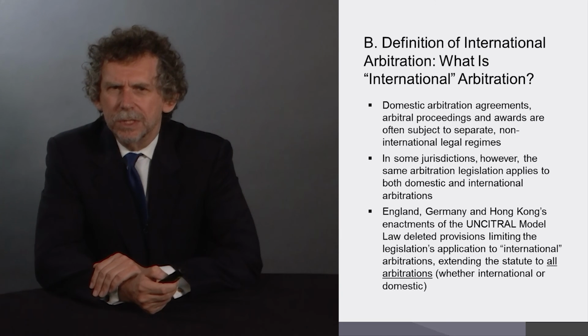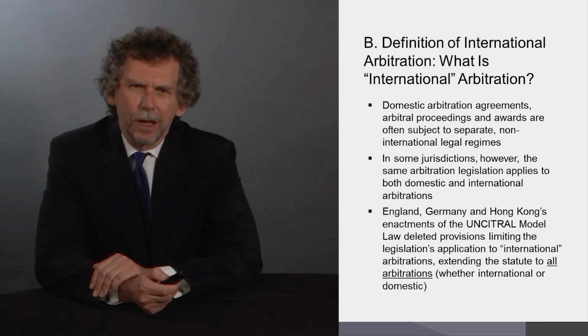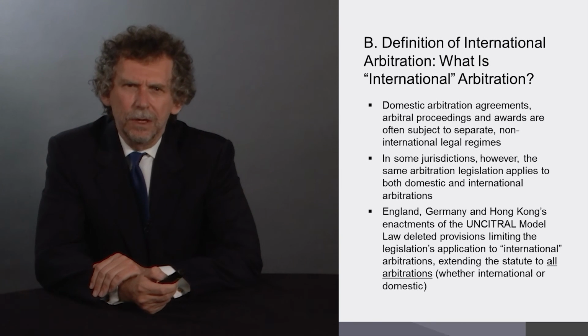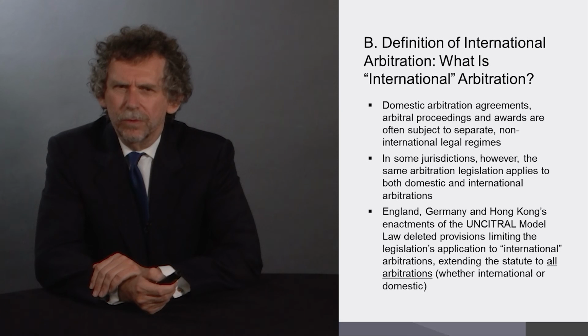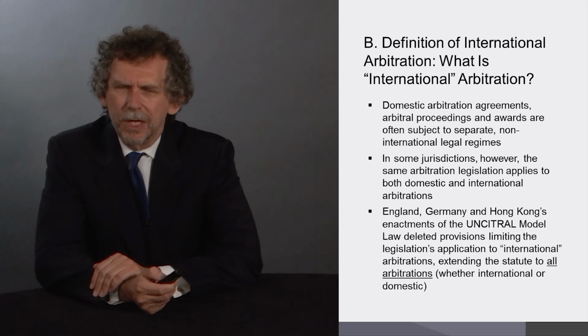Each one of those jurisdictions has adopted some version of the UNCITRAL model law, but has extended the model law beyond what it was originally directed to, international commercial arbitration, to all arbitration, domestic and international. Even in these circumstances, however, legislation of this character frequently has specific provisions dealing only with international arbitration and other provisions dealing with domestic arbitration.